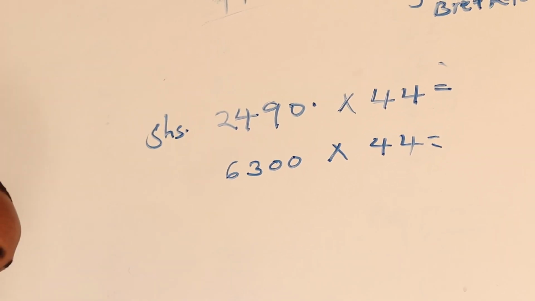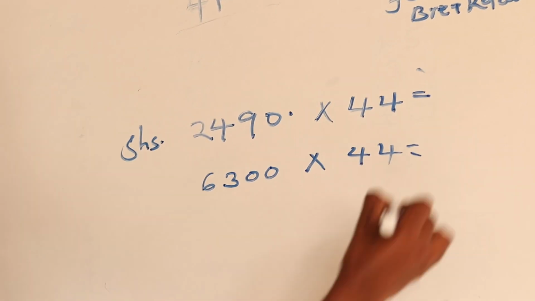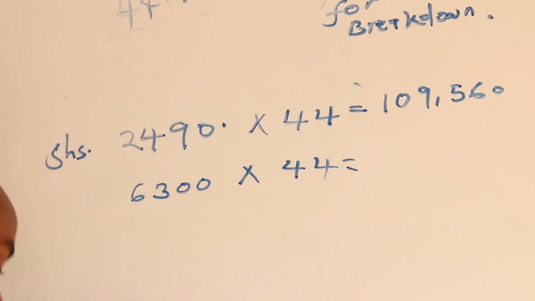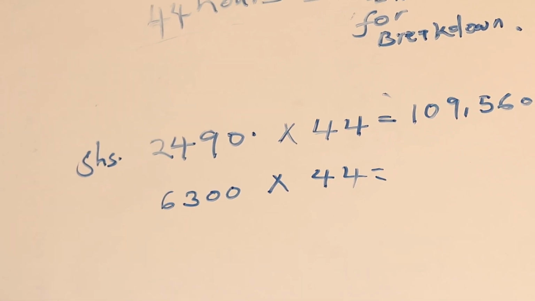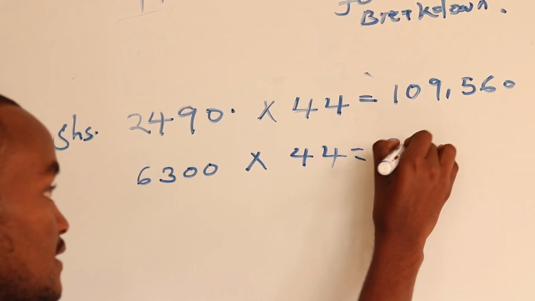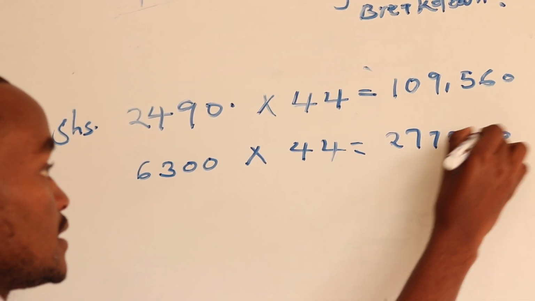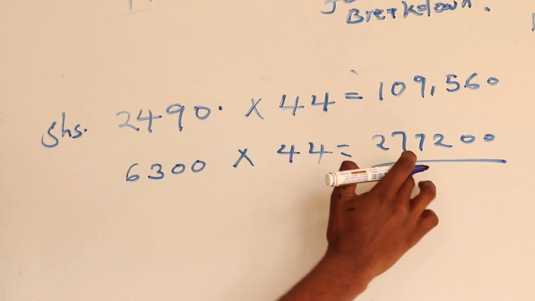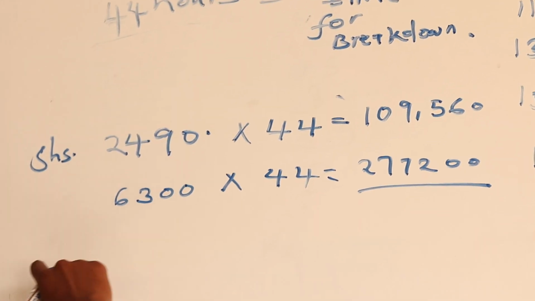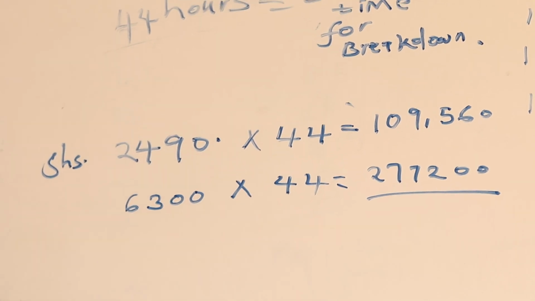So when we take 2490 multiplied by 44, we get 109,560. And when we take 6300 and multiply it by 44, we get 277,200. So we are supposed to add both these so that we can find the total cost that the company pays when the generators are broken down for 44 hours.